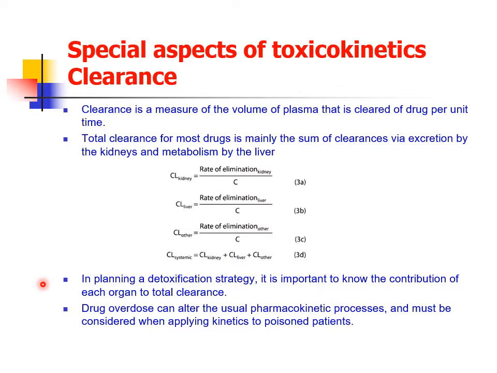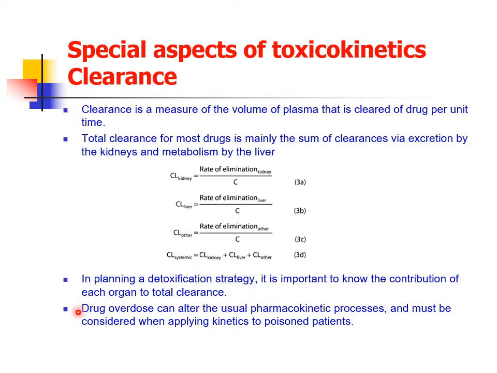In planning a detoxification strategy, it is important to know the contribution of each organ to total clearance. So, for each drug, we need to know, is it mainly metabolized by the liver or excreted by the kidney?